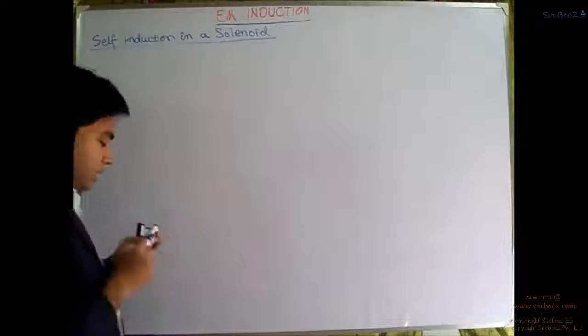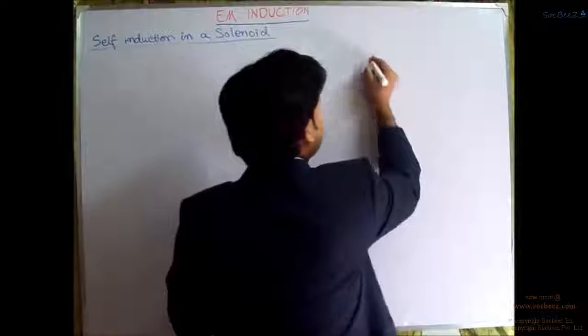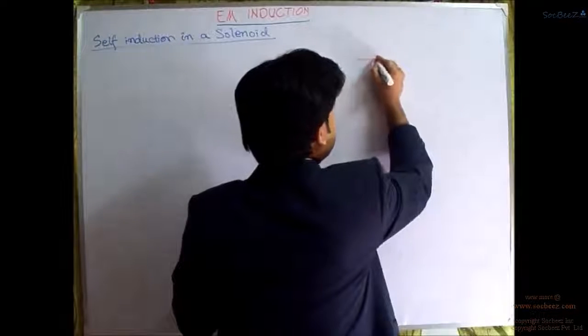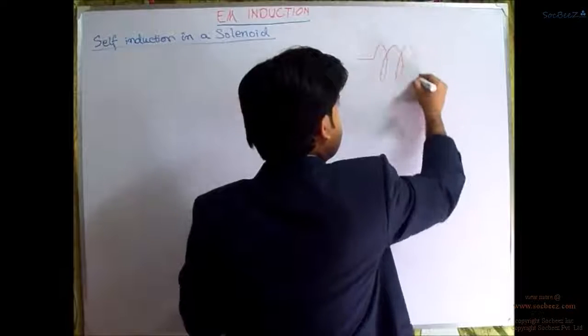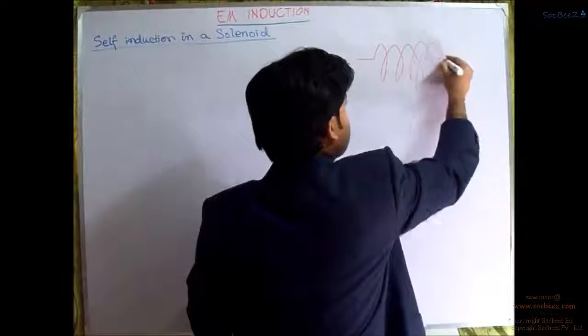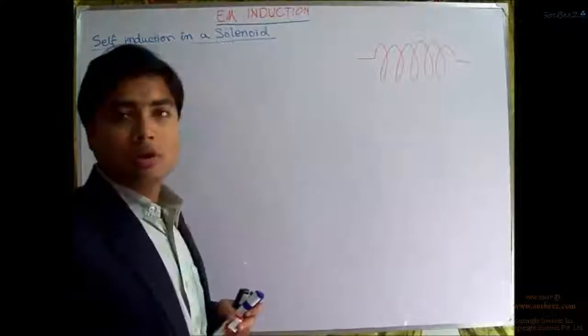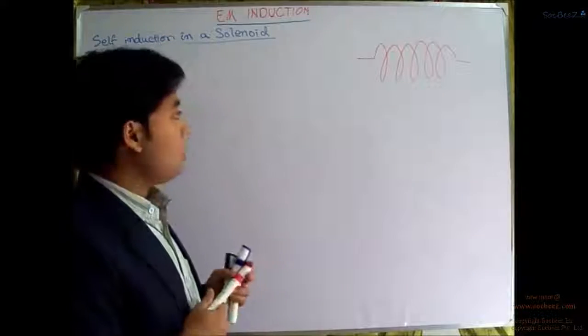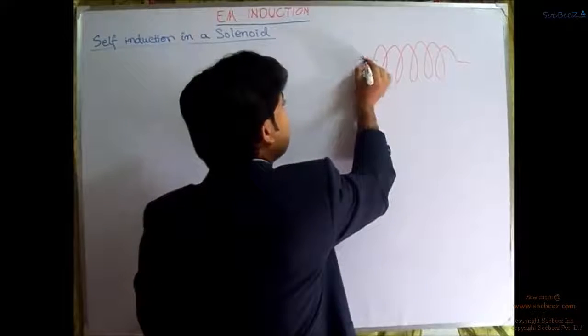Let us see what the solenoid looks like. The solenoid looks like this, with a number of turns like this. Okay.